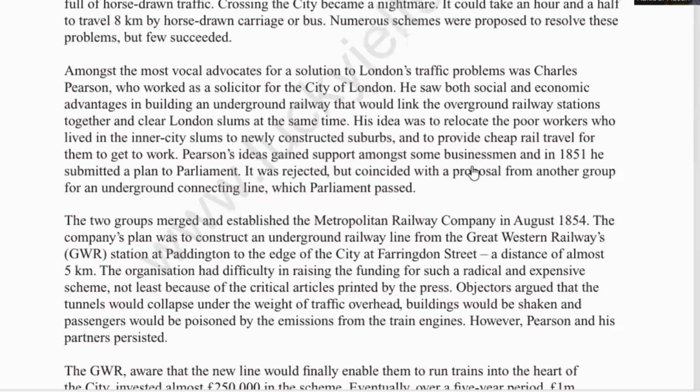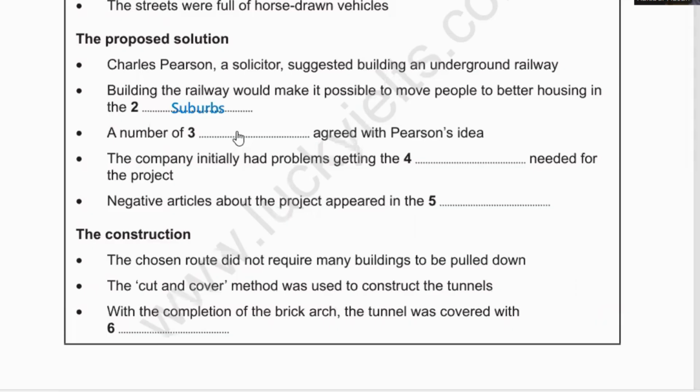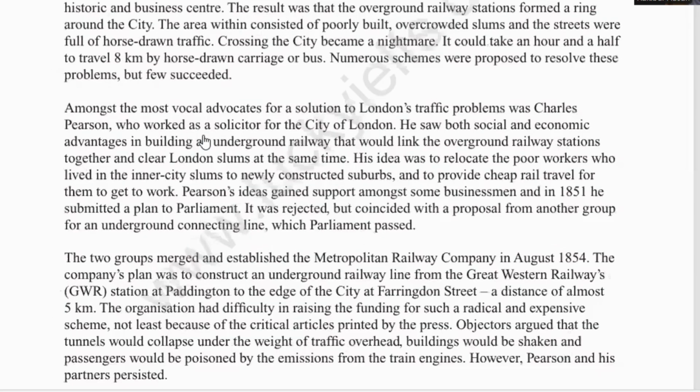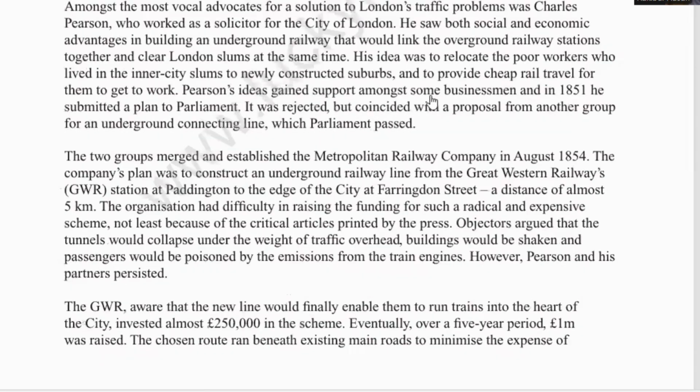So businessmen have supported Pearson's idea. Agreed is the synonym of supported, and a number of is the synonym of some.